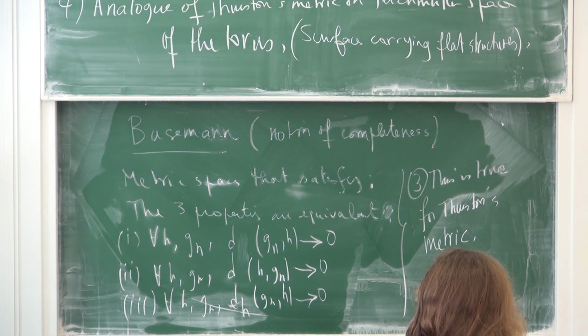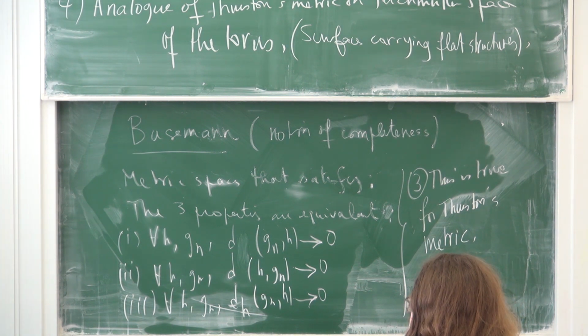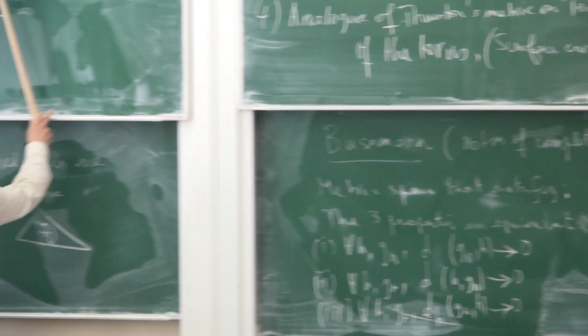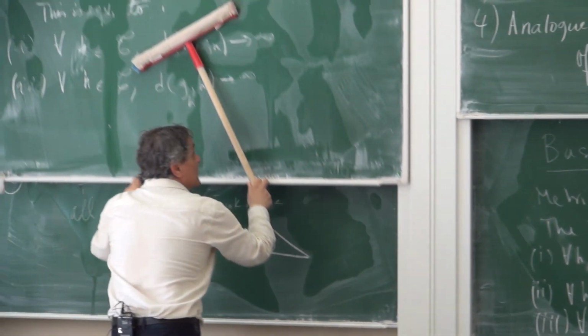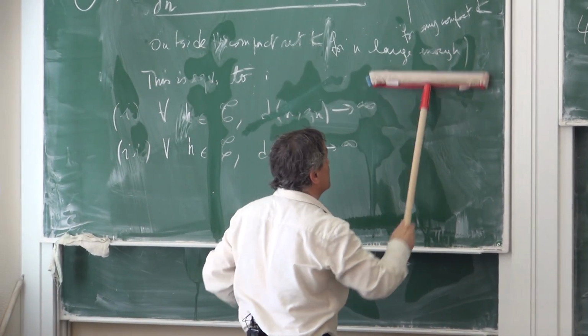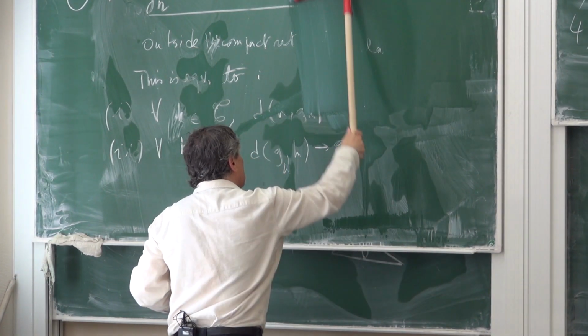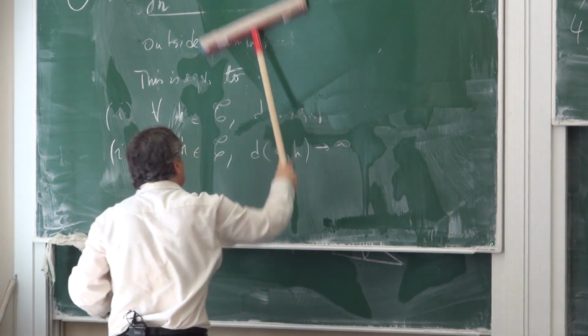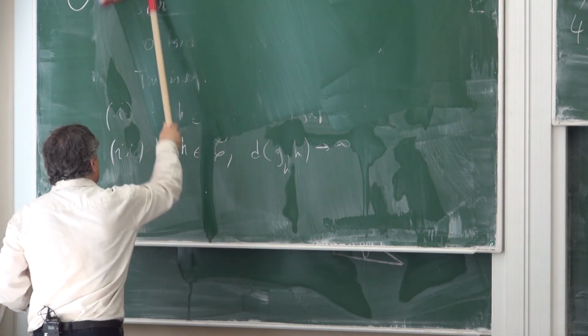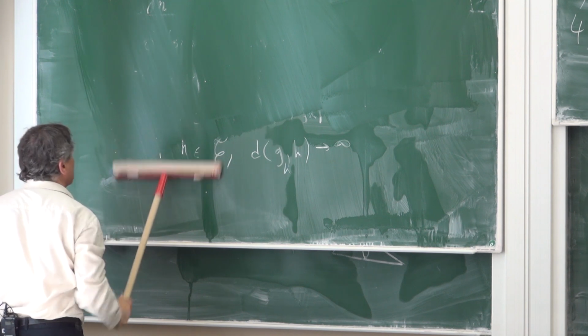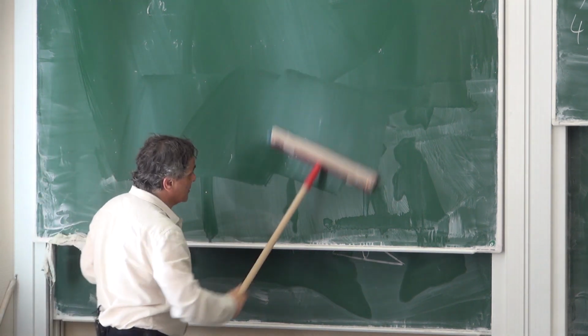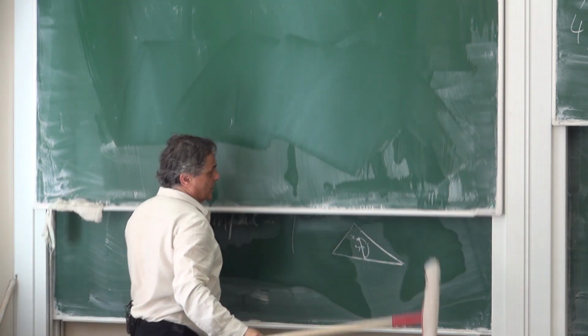And now I want to go to number 2. It's number 2 which I want to expand more, because there are a lot of interesting properties for number 2 which are still not proved.